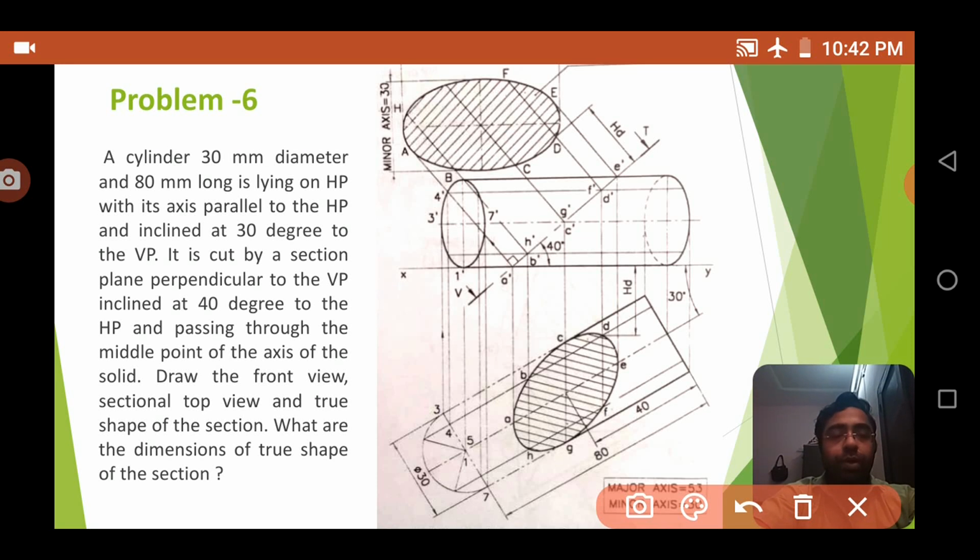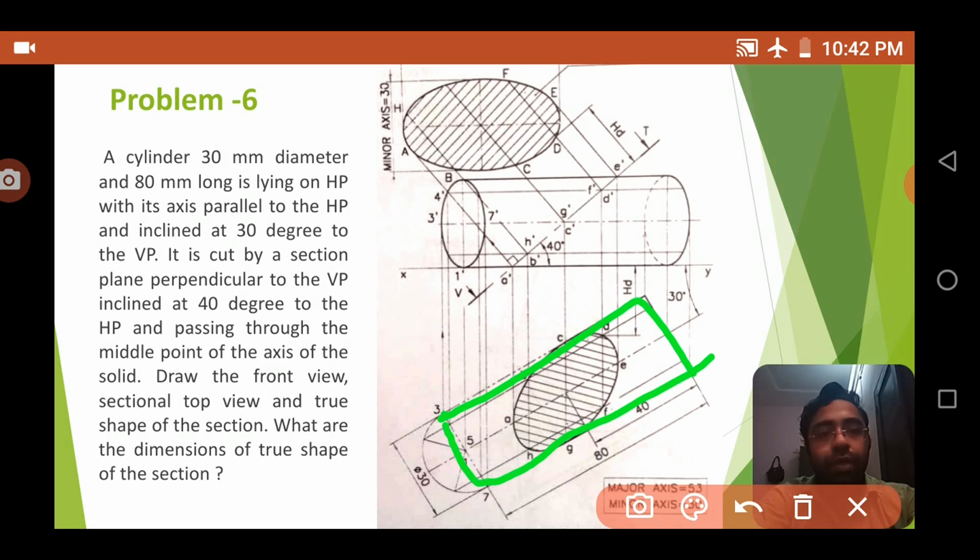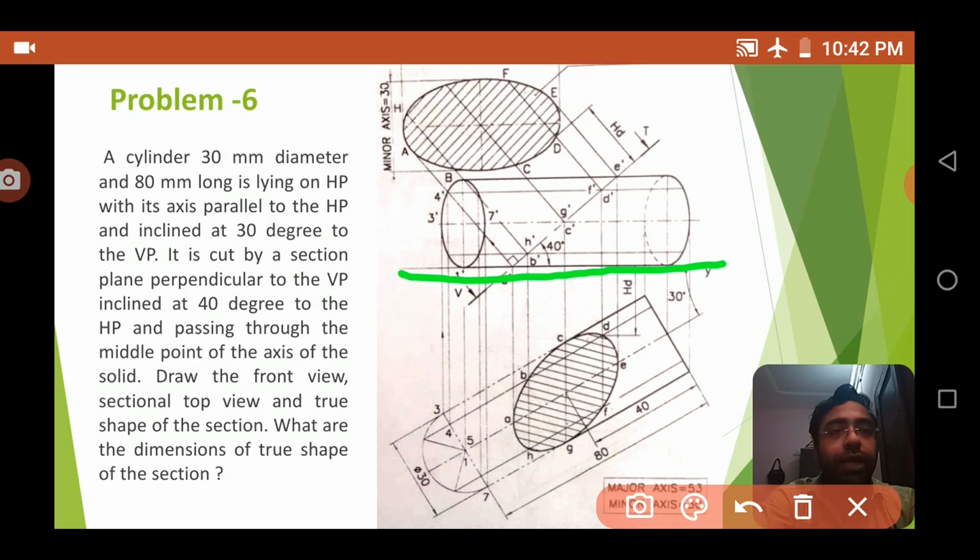Okay. Last time in that problem, we already drew the shape of the rectangle. And you know how we get that shape. Once more, first you draw an xy line, then you make the axis line here, which is exactly at a 30-degree angle.